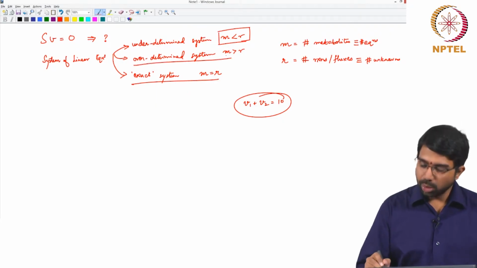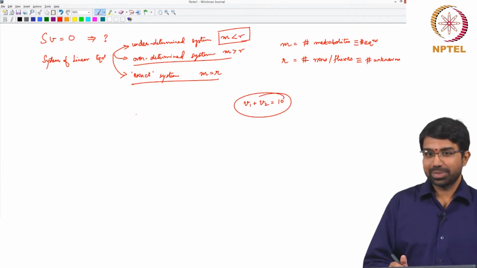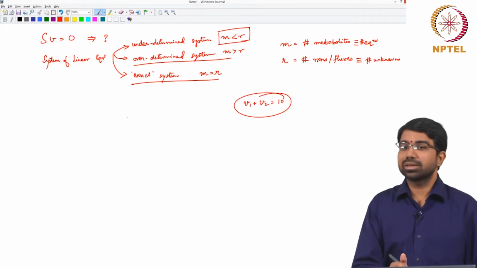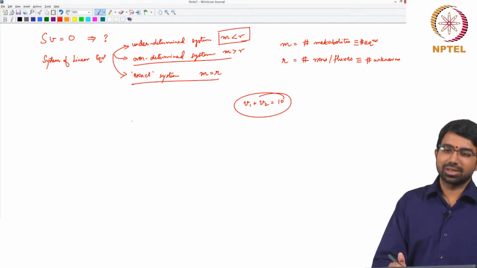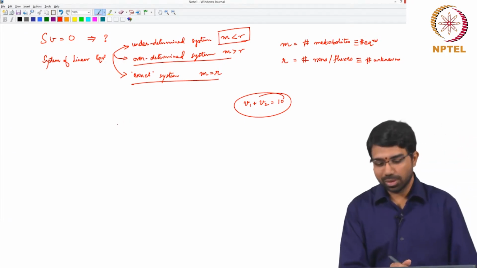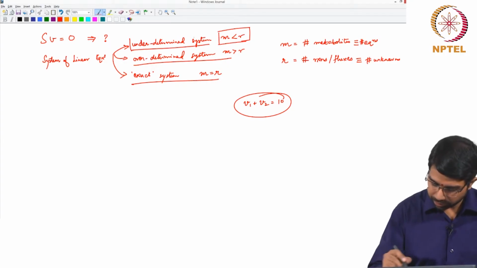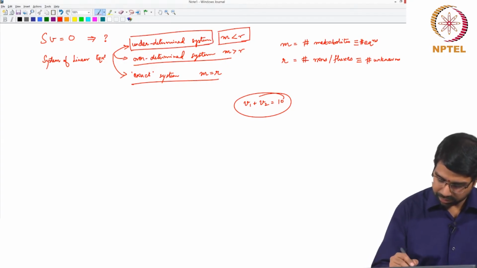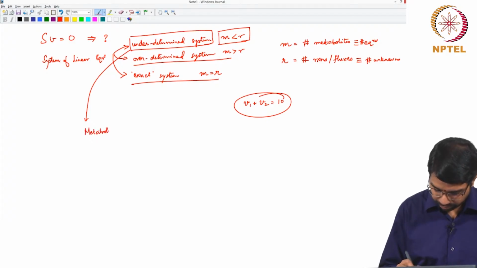An overdetermined system could be inconsistent, right, or you might be able to fit a good solution, a solution that satisfies most constraints within some epsilon, something like a least square solution and so on, right. So, let us focus mostly on underdetermined systems, which is what we always observe in biological systems or metabolic networks.